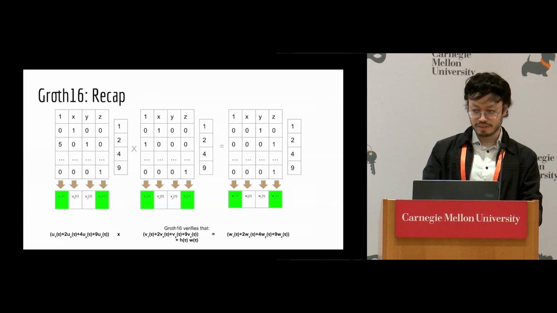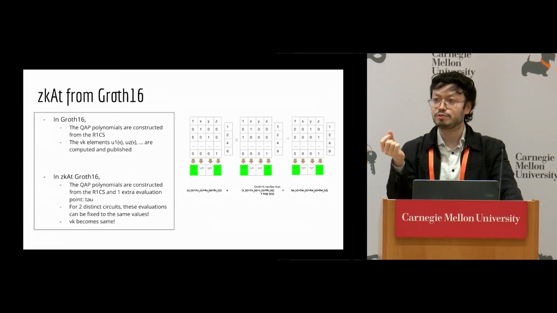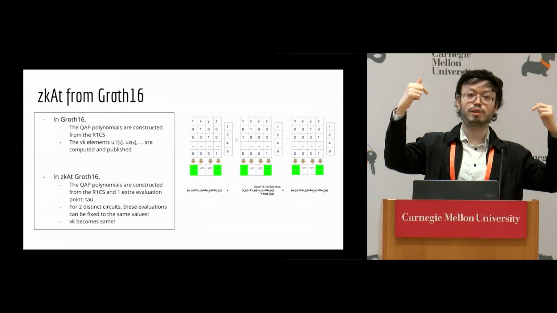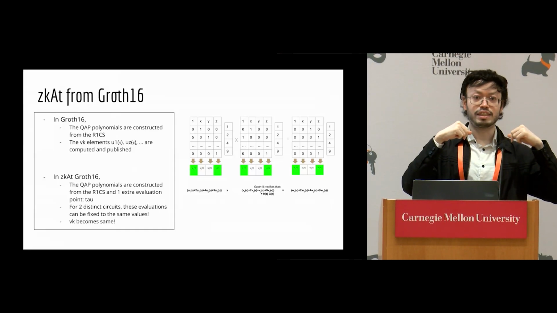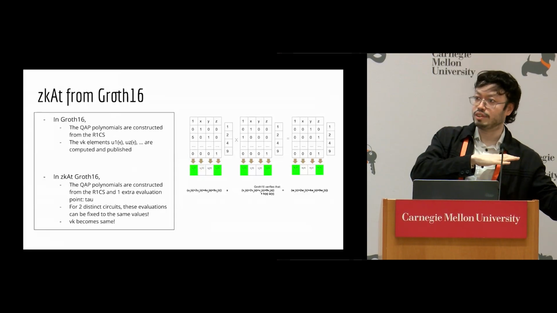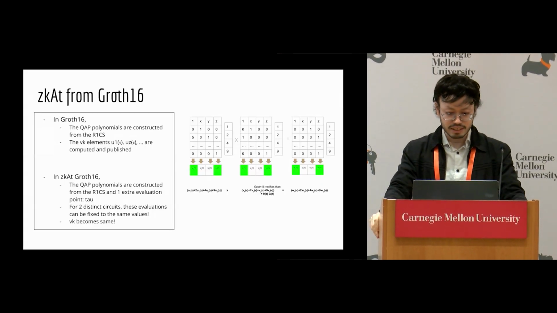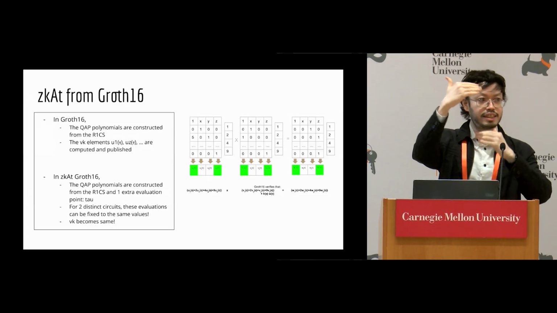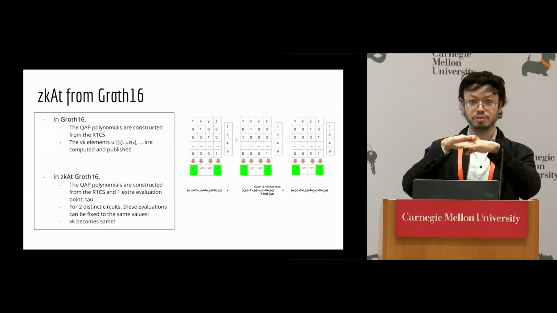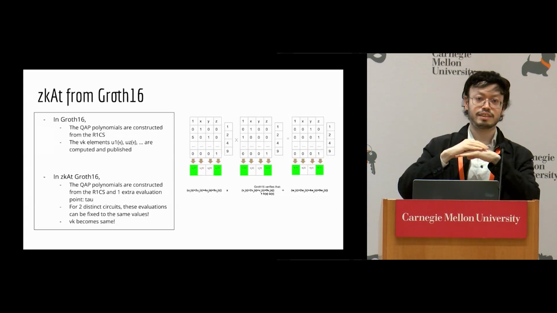Now, the crucial thing to observe is that whatever is needed for the verification key are particular evaluations of these polynomials at the point tau, okay? So not all of these polynomials are visible to the verification key or need to be visible to the verification key. So how we can leverage this fact is that we can now essentially increase the number of points by 1 and fix the value of these polynomials at this point tau, whereas interpolating all of these polynomials for all the coordinates, okay?